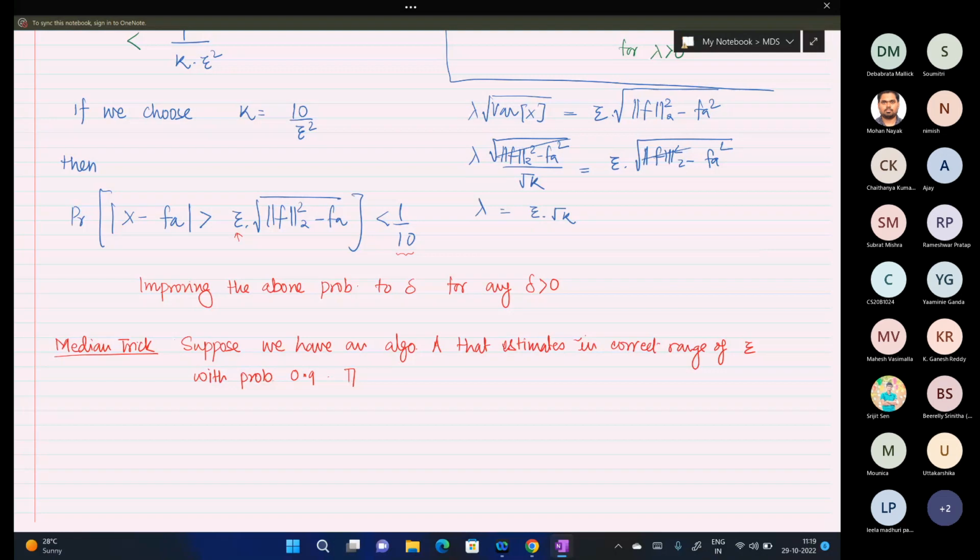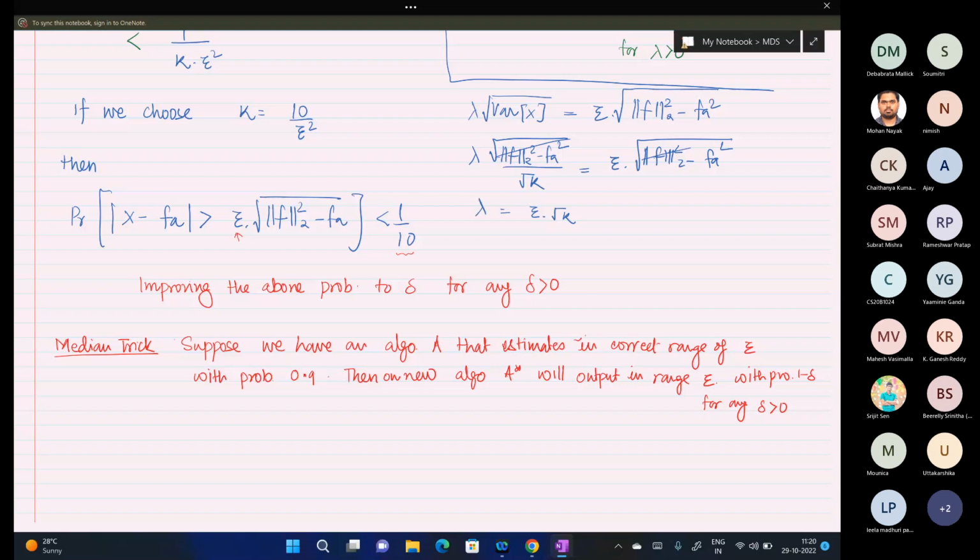Then we can design a new algorithm, our new algorithm A star, which will output in range epsilon with probability 1 minus delta for any delta greater than 0.